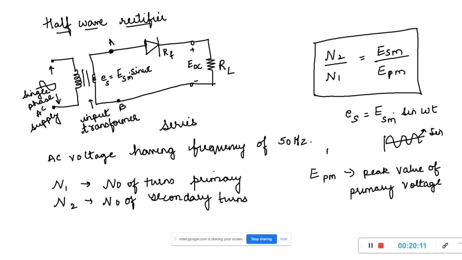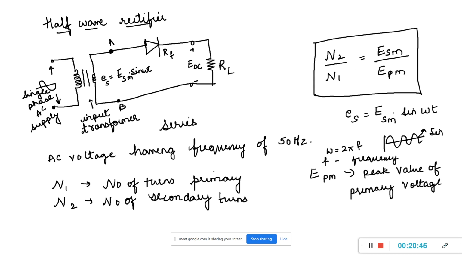Omega is equal to 2 pi f, where f is the frequency. So what is N2 by N1? N2 is the number of secondary turns, N1 is the number of primary turns, equal to the peak value of the secondary side over the peak value of the primary side. So this is one of the important expressions: N2 by N1 is equal to ESM divided by EPM.